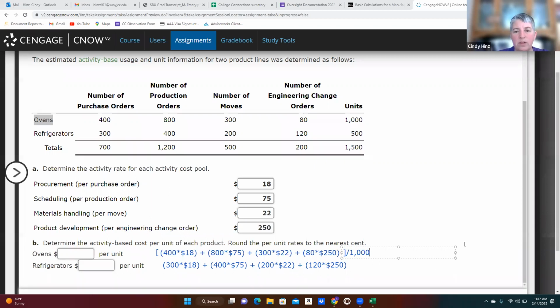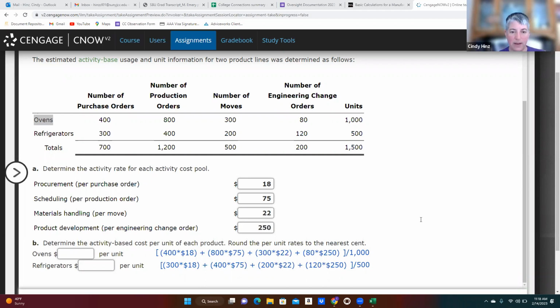So that's 1,000 ovens. And again, I'm going to put the brackets around this. And there are 500 refrigerators. So inside the brackets is the total cost for ovens and refrigerators respectively.